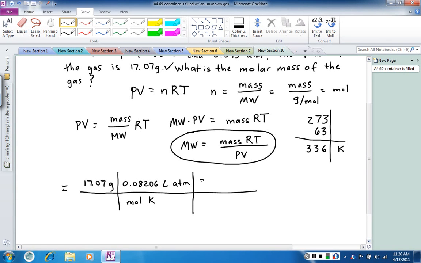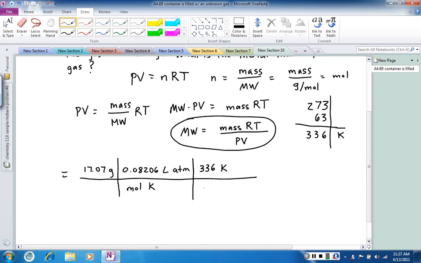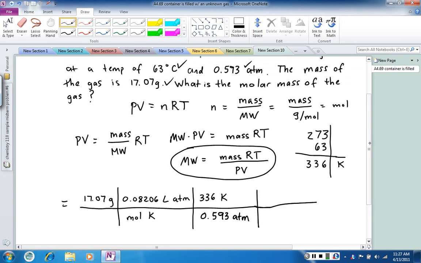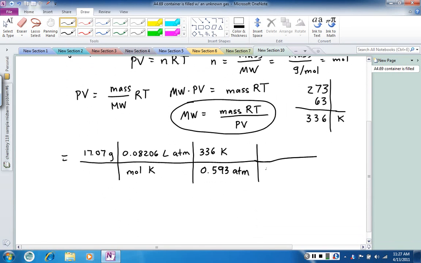Temperature we just said was 336 Kelvin. Now we're dividing by P. Our pressure was 0.593 atmospheres. And our volume, it told us, is 4.69 liters.